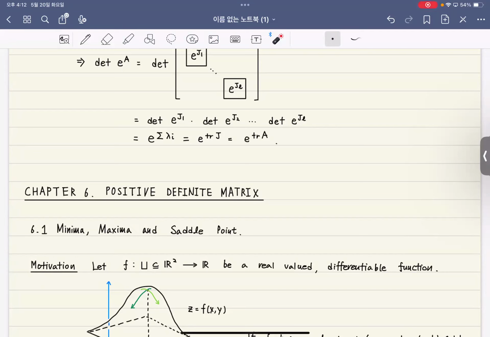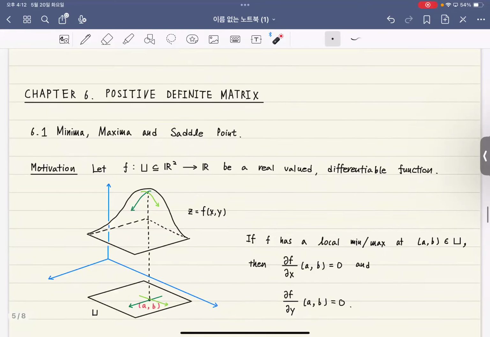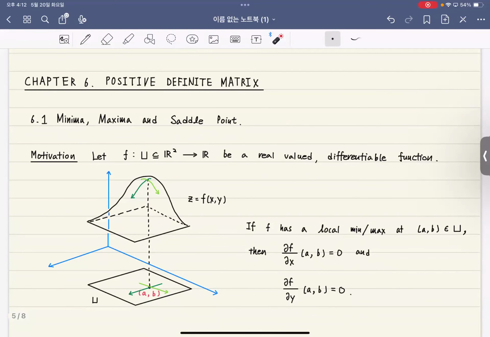And so we're going to talk about the positive definite matrix. So what is the positive definite matrix? In order to give you the proper motivation of the positive definite matrix, I cannot avoid mentioning the Taylor series of the multivariable function.